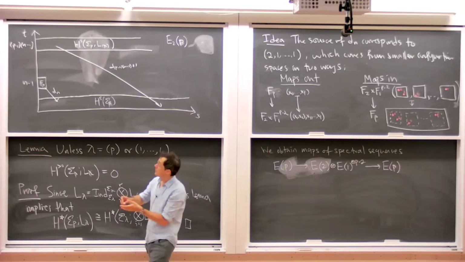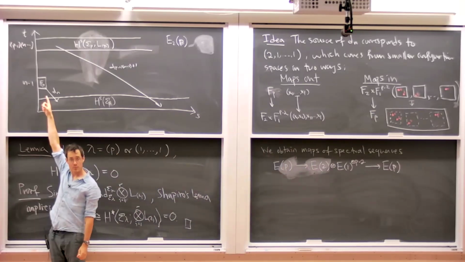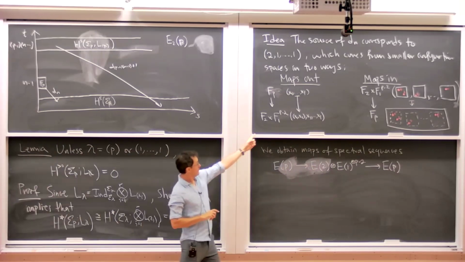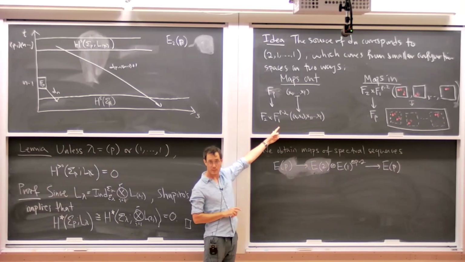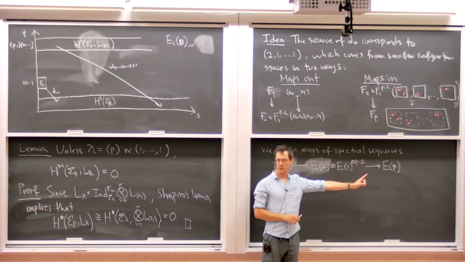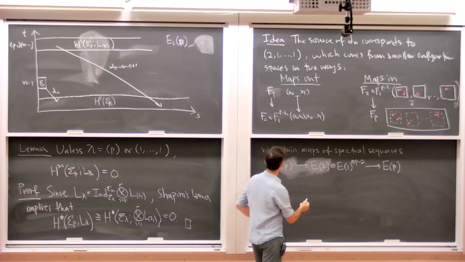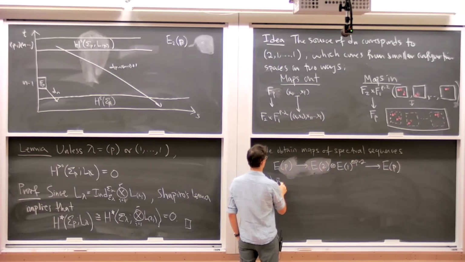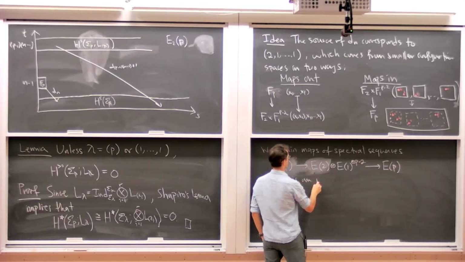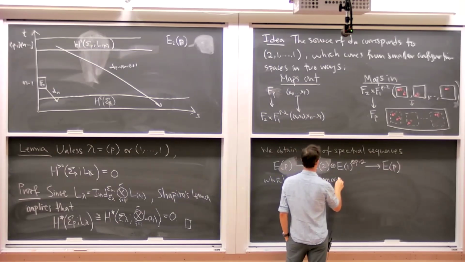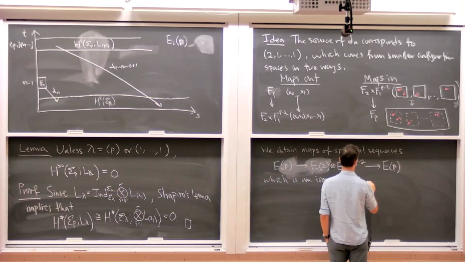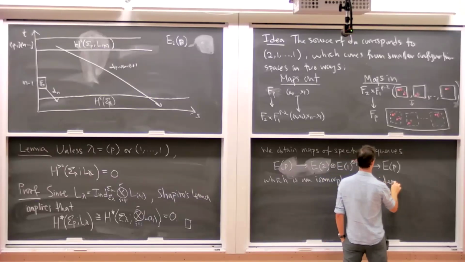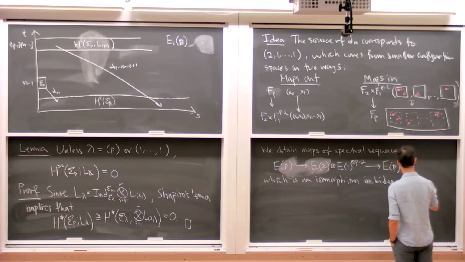Because this invariant thing comes from precisely this product of configuration spaces, it's an isomorphism on a by degree 0.